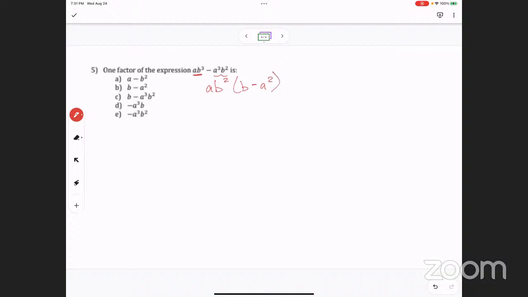So what's the factor? Well, this is one of the factors, but this is the other factor: B minus A squared. See how I did that? The trick to that question is the obvious factor was AB squared, but that's not the one they wanted you to answer. That wasn't one of the options.